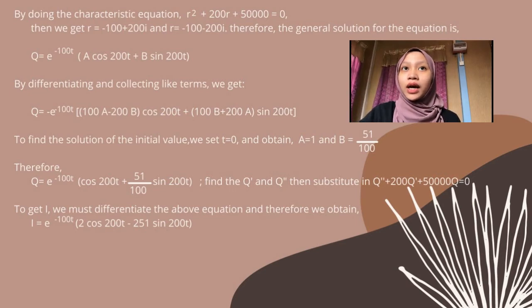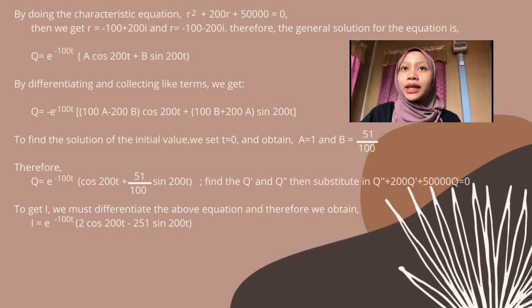So the roots are complex, and the general solution for the equation is Q equals e to the power of negative 100t, bracket A cos 200t plus B sin 200t.